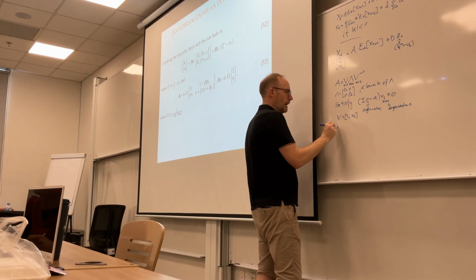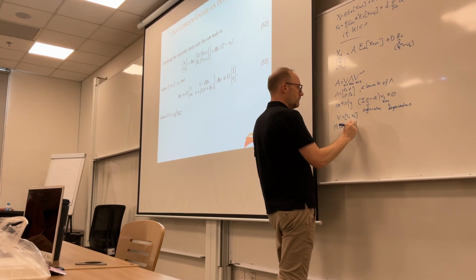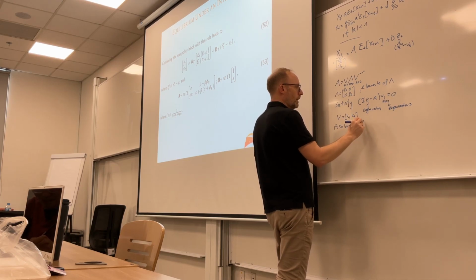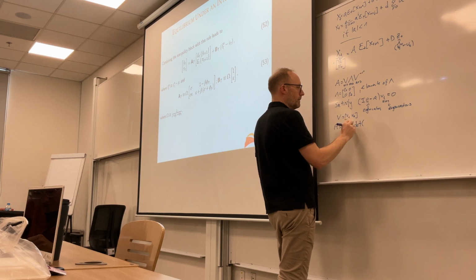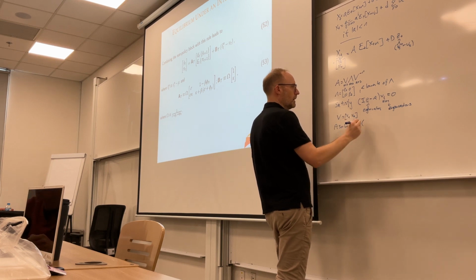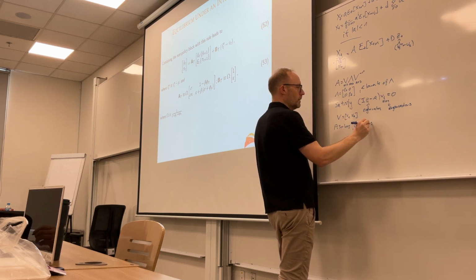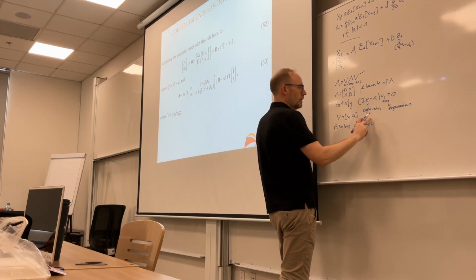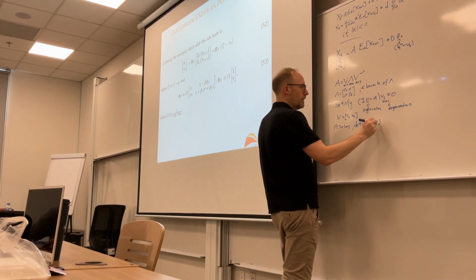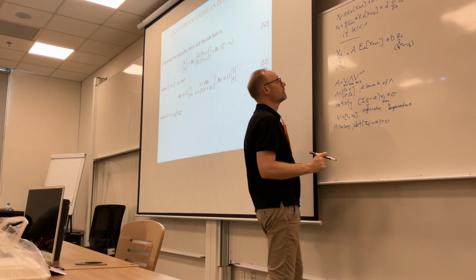So we solve the determinant of rho I minus A equals 0.